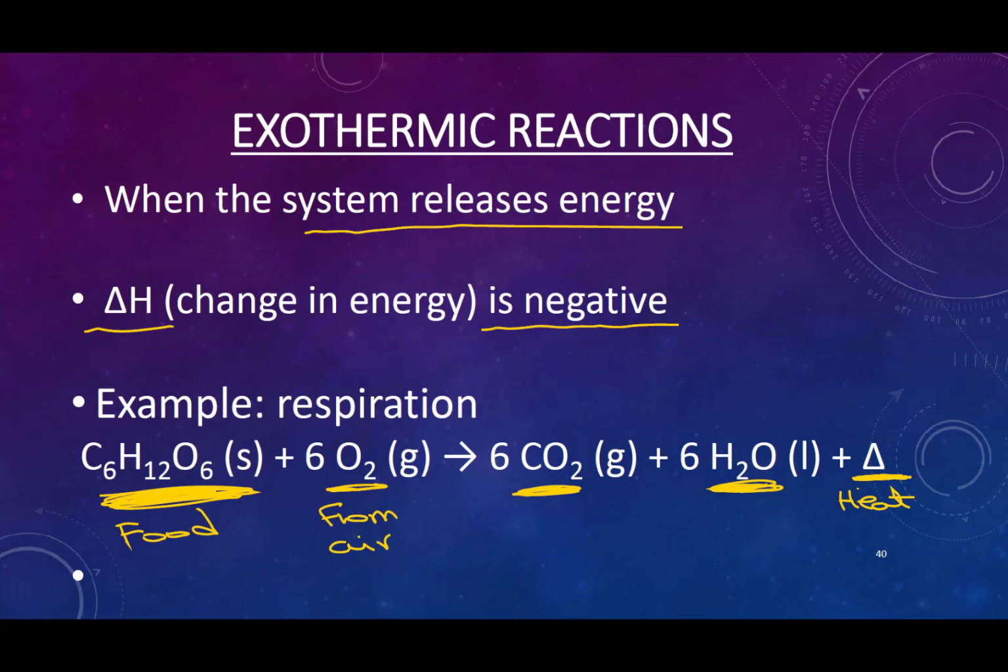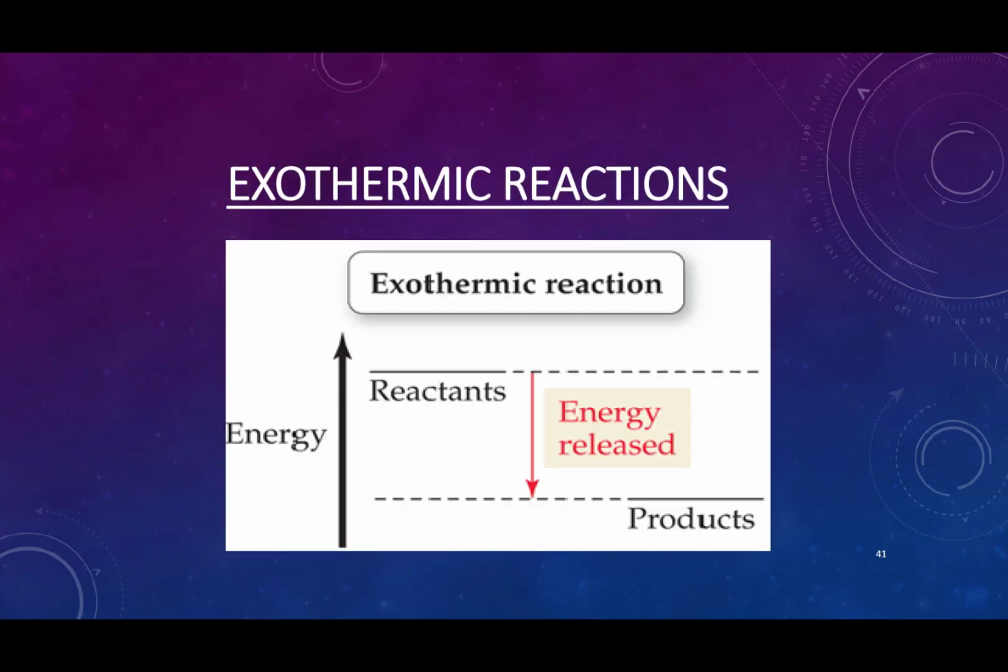Now how does the graph look? For an exothermic reaction, this arrow is going upward, which is positive upward. Then unlike endothermic reactions, now the reactants are at a higher energy level, and as you could see, the products are at a lower energy level.